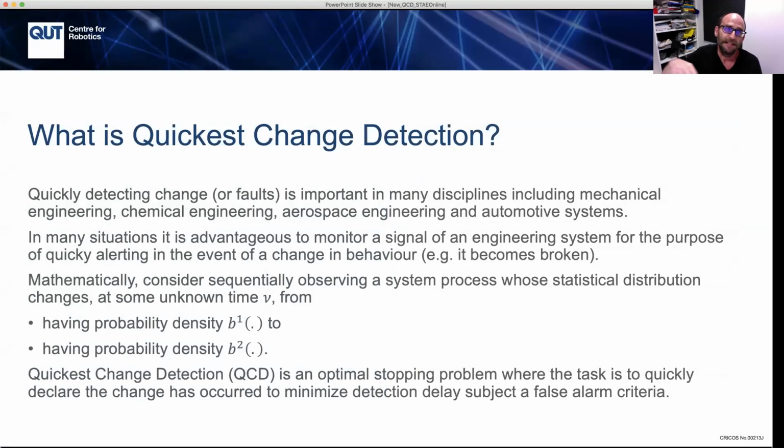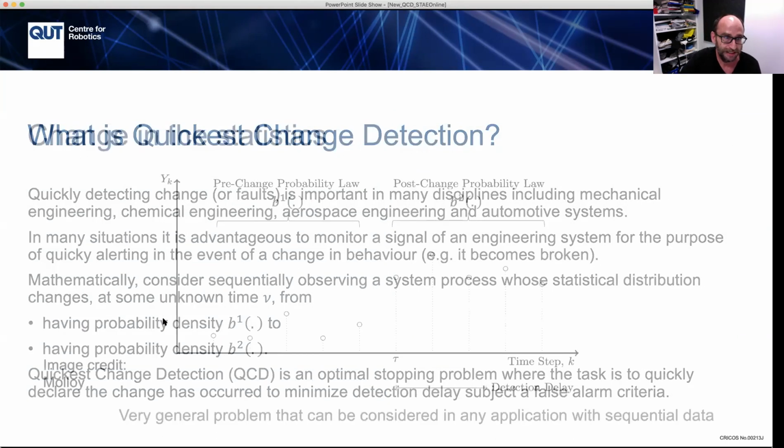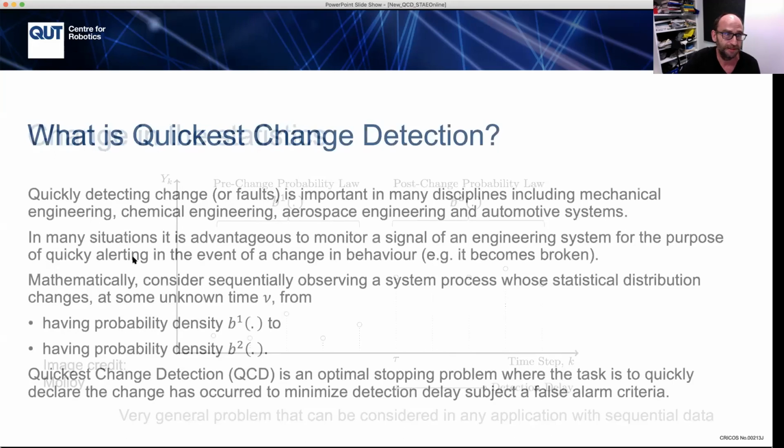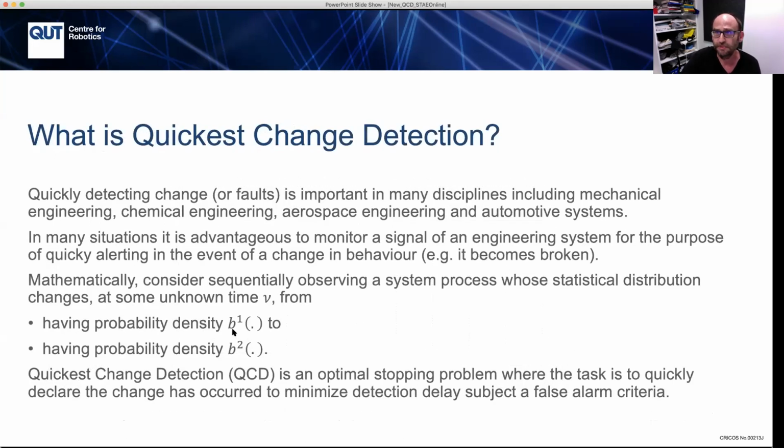So here's a slide with lots of words on it. This is a description of what the quickest change detection problem is. The most important piece of information is probably down here. We're talking about a situation where we're sequentially observing data coming in, random or statistically varying data. Initially it has a probability density B1, and at some point it changes to a density B2.